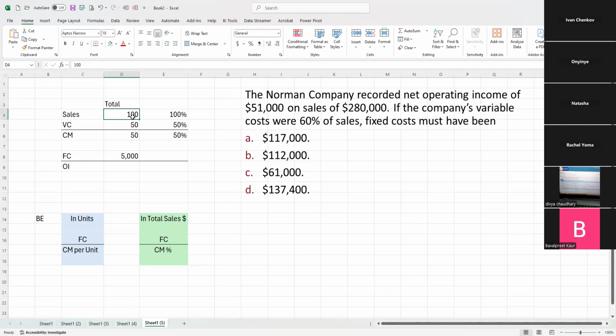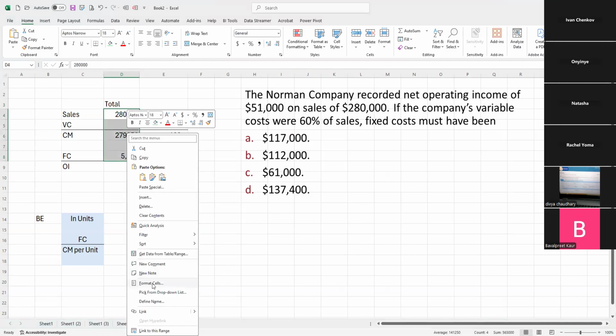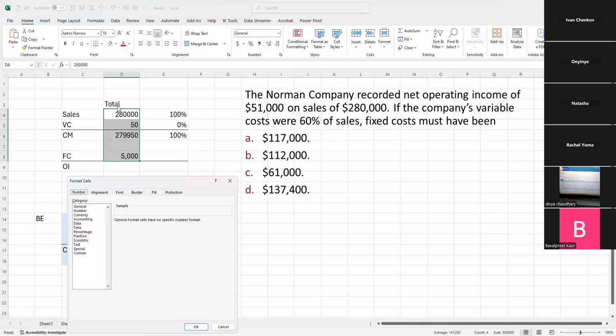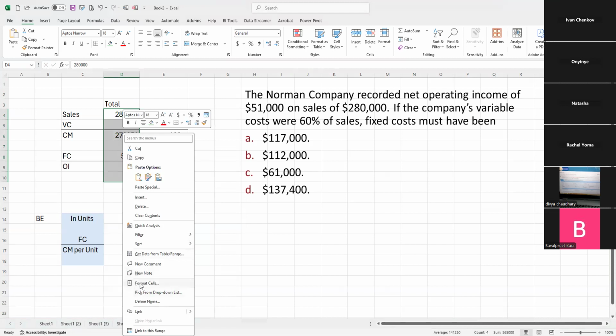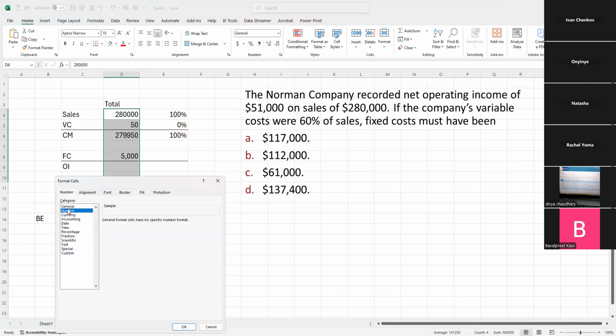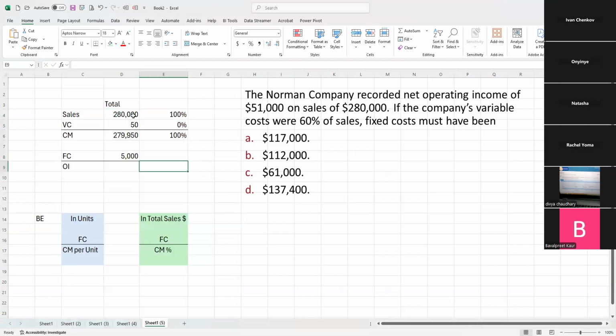How much are my total sales? 280,000. Right? So let's change the number formatting. $280,000.